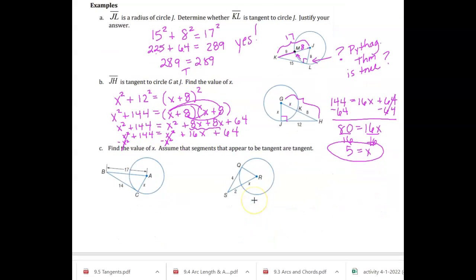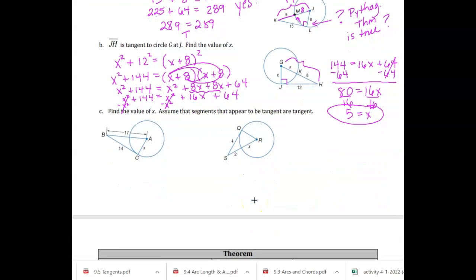All right, part C. Find the value of x in each of these problems. Assume that the segments that appear to be tangent are tangent. So they're just not going to directly tell us. So I know that that's going to be a right angle, and we have another Pythagorean theorem. So we get 14 squared plus x squared. And this time they give us that whole hypotenuse length.